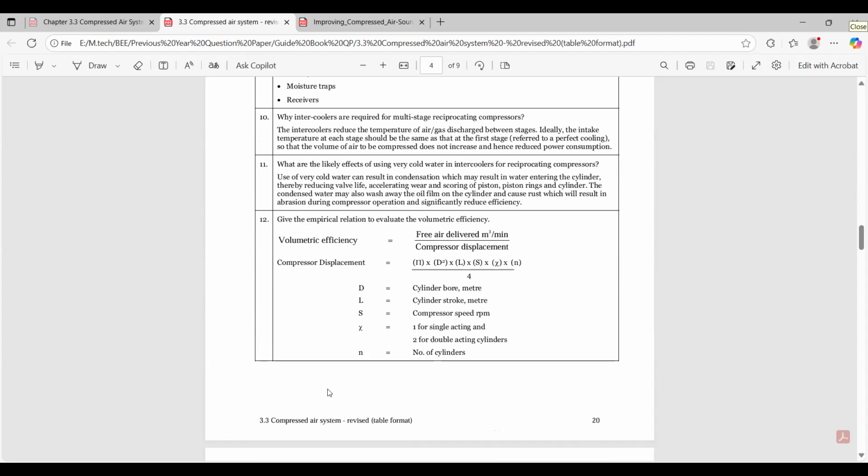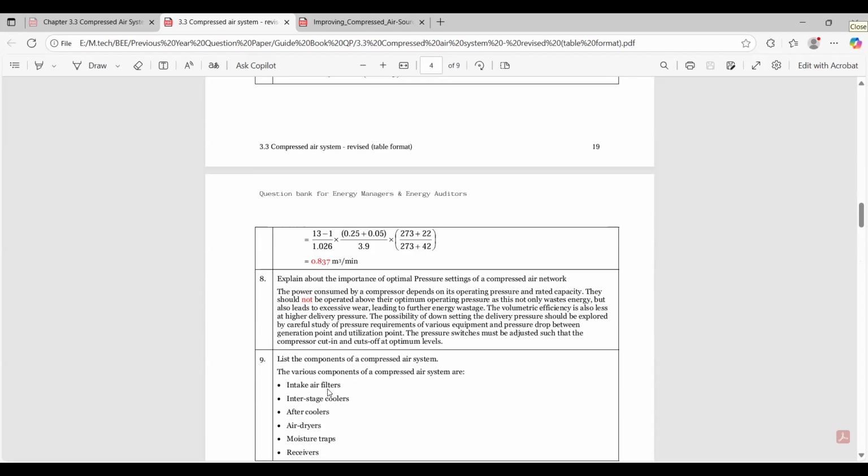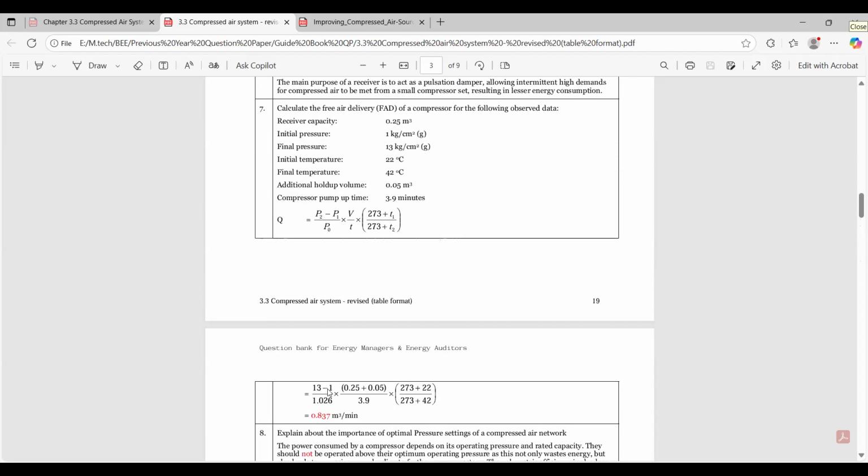Sir, sorry, sir, the previous problem. As I discussed, they have given the gauge pressures only here. P2 is in gauge only, and P1 is also in gauge pressure, right? So P0, they have not given. It is atmospheric pressure that we assume is 1.026. Here they have not converted to absolute pressure.